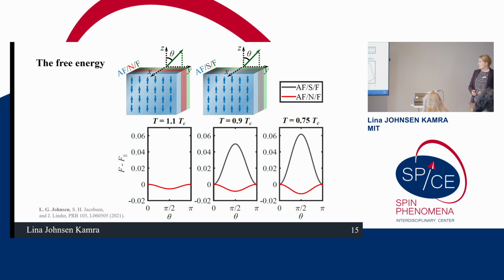Just to give you some experimental context, our collaborators in Madrid, led by the group of Farkhad Aliev, have shown that if you have a superconductor ferromagnet structure where the spin-orbit coupling is what is breaking the symmetry between these different directions, you can actually have a reorientation of the magnetization as you go below the critical temperature.